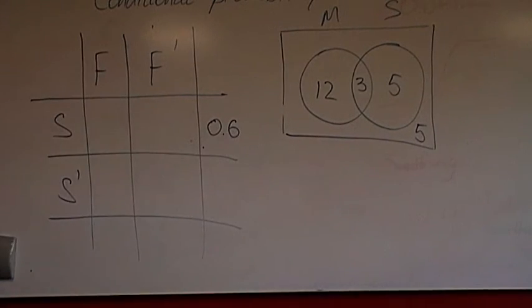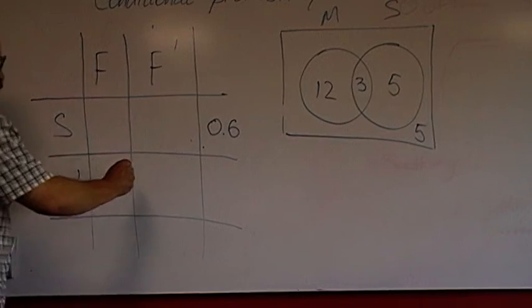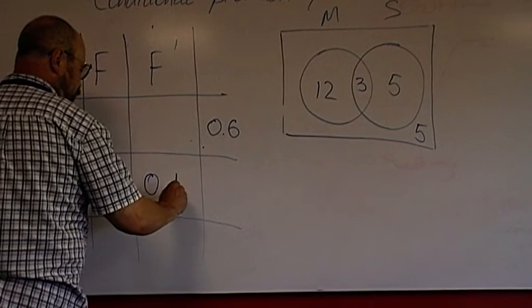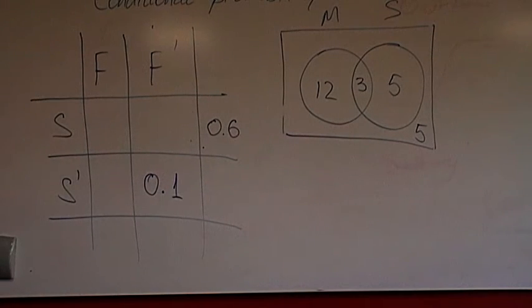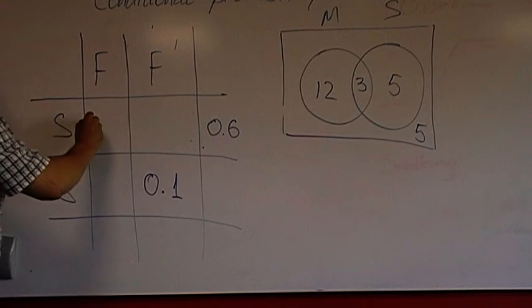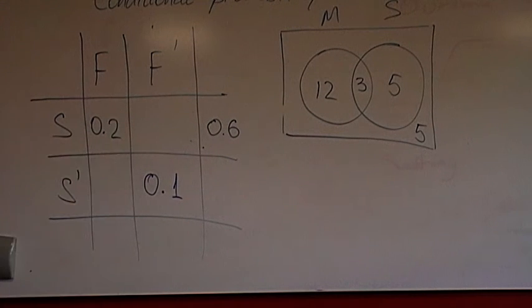The probability that a student is not playing soccer and not footy will be 0.1. And the probability the student plays both will be 0.2. That's what's given. We need to work out all other probabilities.